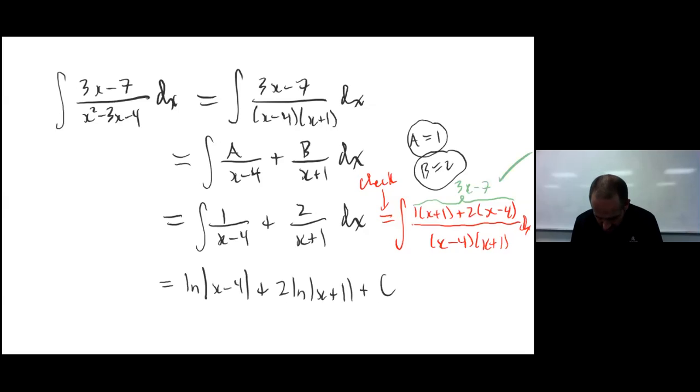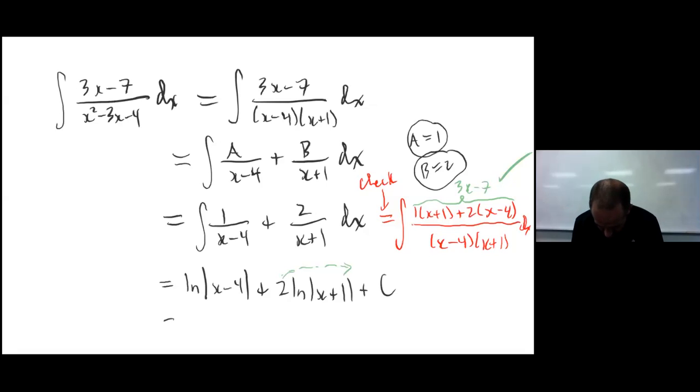You could bring this power up here if you wanted to, that 2. Then after you do that, you have a sum of 2 logarithms. That might be useful later on if you didn't want to have to work with this gnarly sum of 2 logarithms. You could write it as a single logarithm.